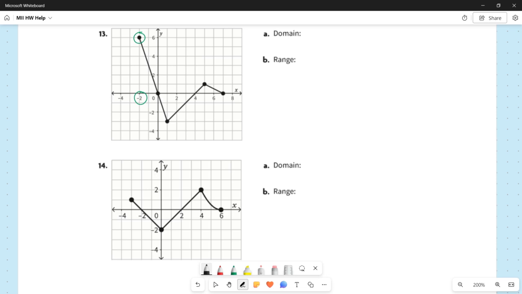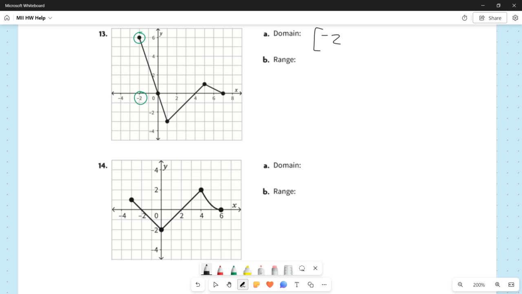Because that dot is filled in, we include it, and with interval notation, we want to use a bracket, not a parenthesis. I know that seems like a minor point, but if you used parentheses here, that would be incorrect. So we want to use a bracket because we're going to include negative 2.